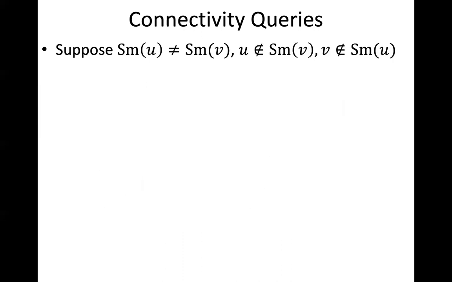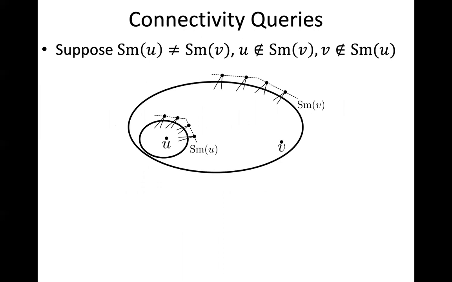Okay, in another case, small u is not the same as small v, and neither is in each other's cut. This is a relatively simple picture, so the picture could look like this, or they could be disjoint. But here, this is a more interesting case when they're nested. So V is a vertex, and this is small v, the cut separating it from the rest of the graph.